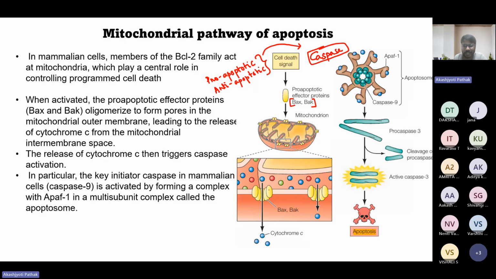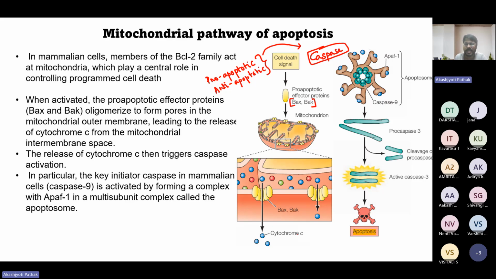Once this oligomeric structure is formed, a particular molecule present in the intermembrane space, the space between the outer membrane and the inner membrane of the mitochondria, is released. This molecule is called cytochrome c. Once Bax and Bak form an oligomer in the mitochondrial outer membrane, cytochrome c molecules are released from the intermembrane space into the cytosol.